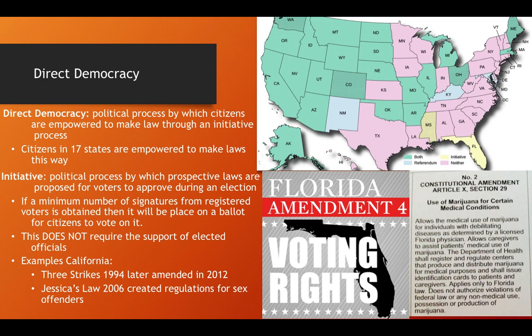And the initiative process begins with a petition for a new law. So there's a petition, enough people sign it, right? If there is a minimum number of signatures from registered voters on that petition, then the measure is placed on the ballot for individuals in that state to vote.